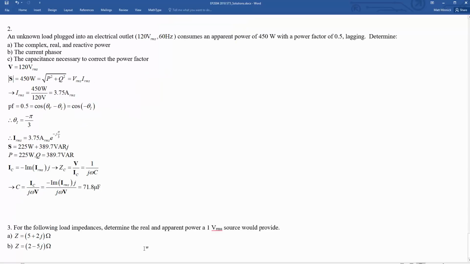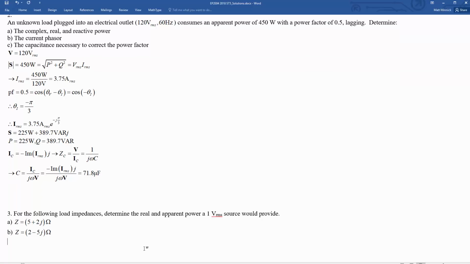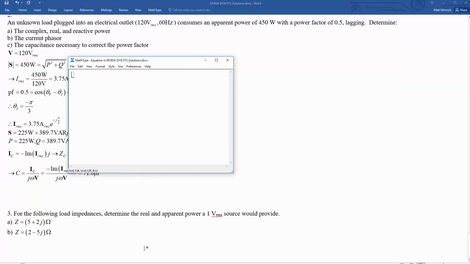Okay, so last part, for the following load impedances, determine the real and apparent power a 1 volt RMS source would provide. So let's check. We've got the impedance and we've got the voltage, and we need to figure out the real and apparent power. So probably the easiest way to do this is to go through the complex power.